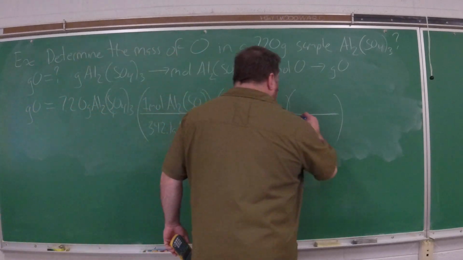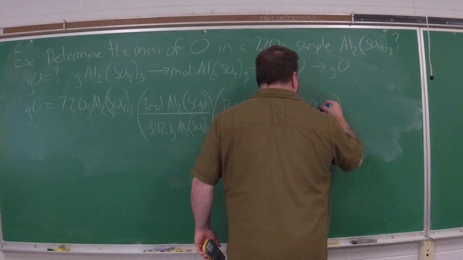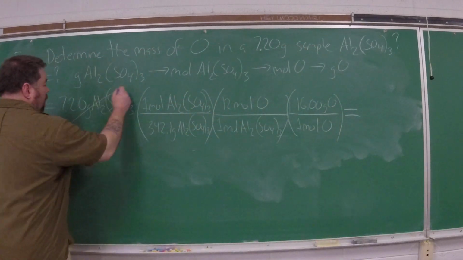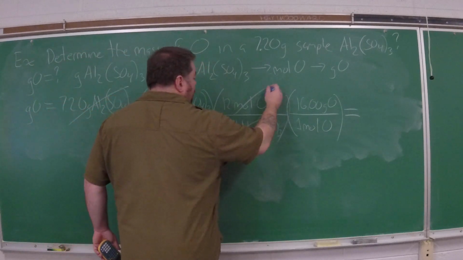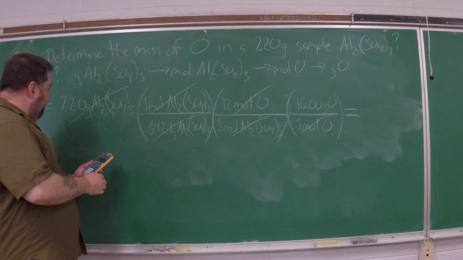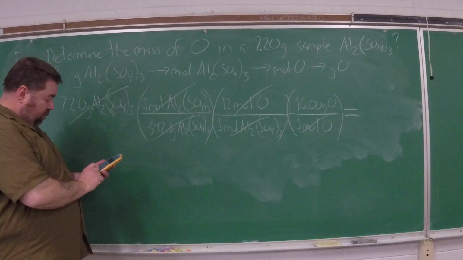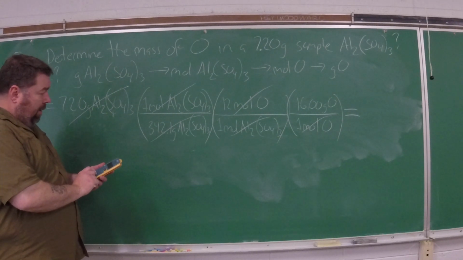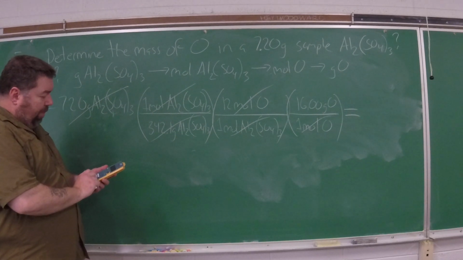I want moles of oxygen to cancel. 1 mole of oxygen is 16 grams. Grams of aluminum sulfate cancels. Moles of aluminum sulfate cancels. Moles of oxygen cancels, leaving you with grams of oxygen. Do your math. 7.2 times 1 times 12 times 16 divided by 342.1 divided by 1 divided by 1.